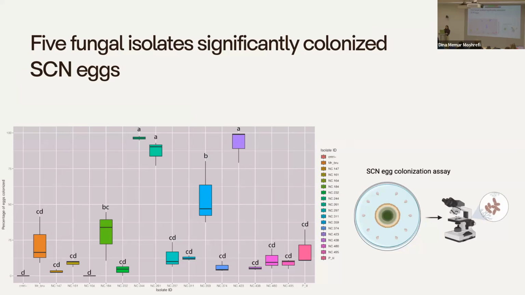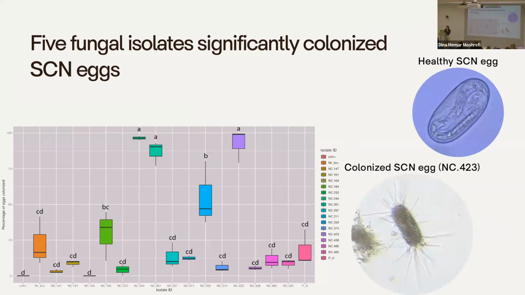And again, it might be hard to picture how you would be able to see the fungus within the nematode egg. So I have here an example of how that would look under the microscope. If you have a healthy soybean cyst nematode egg and the nematode egg is mature, the eggshell becomes really transparent as it stretches to accommodate the growth of the nematode.